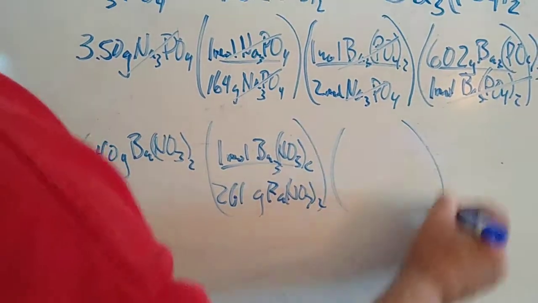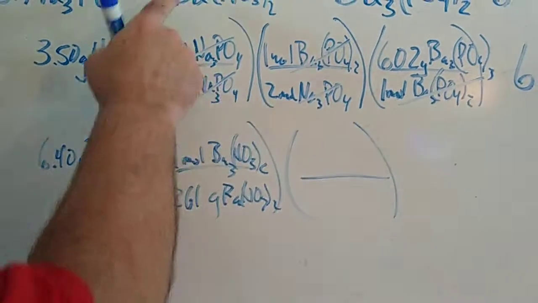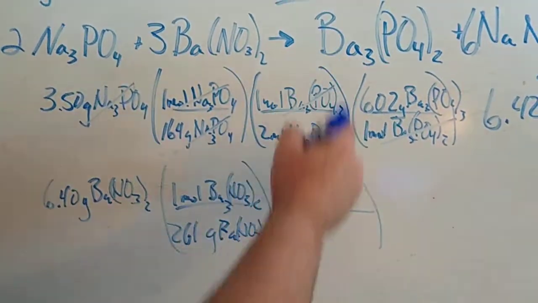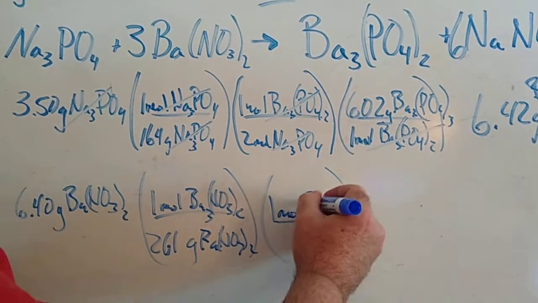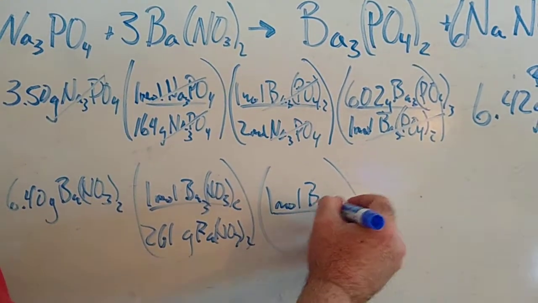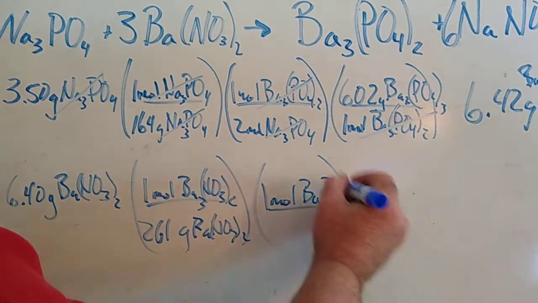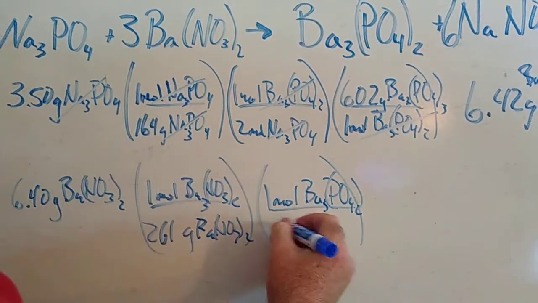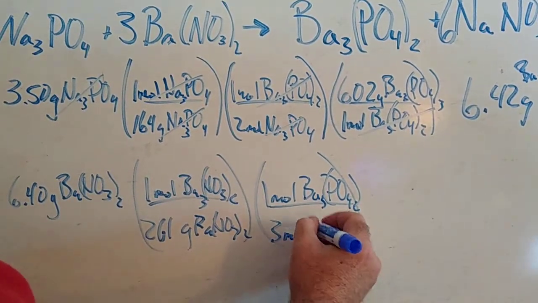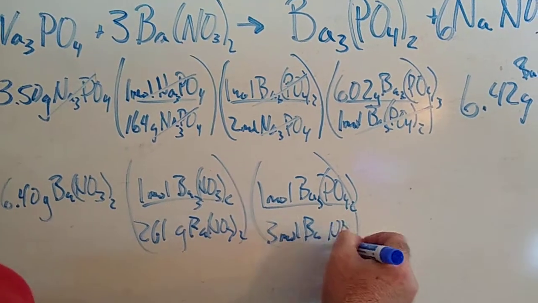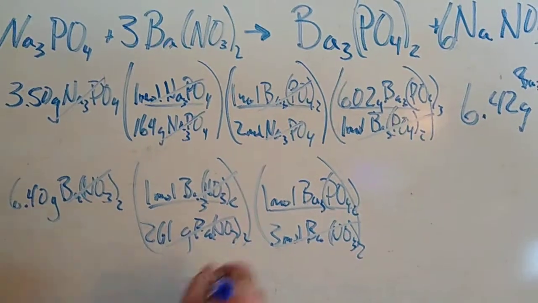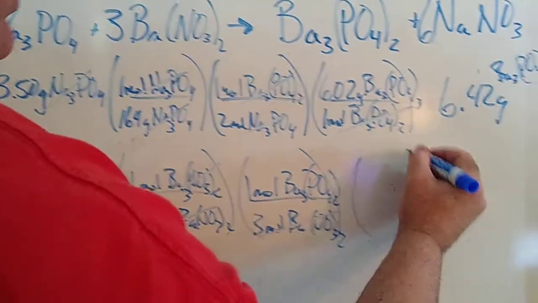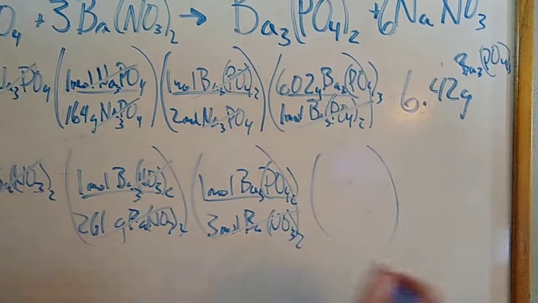Okay. We then look at our mole conversion. Barium nitrate to barium phosphate. So barium phosphate is what we want. So that's 1 mole of barium phosphate is equal to 3 moles from our balanced equation of barium nitrate. Those cancel out. Grams are gone down to moles. But I want to have grams of barium phosphate.